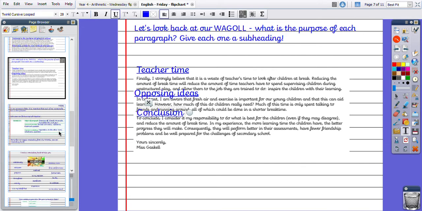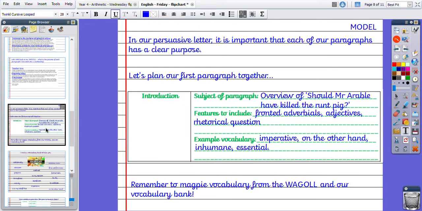Okay then. When we come to writing our own persuasive letter, we're going to have a purpose for each paragraph. So we need to think about today that each of our paragraphs has a clear purpose. So I've planned our first paragraph together. Okay, now you can use this or you can use your own ideas if you want to, but if you want to magpie mine, that is absolutely fine.